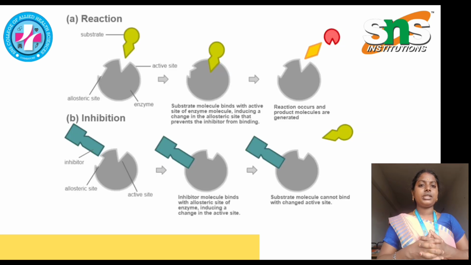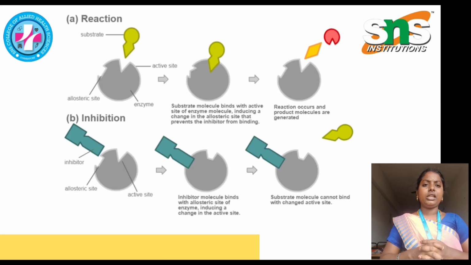Here you can see part B, inhibition. The active site is there, and the allosteric site is there. The allosteric site is any part of the enzyme but not the active site, and the blue inhibitor comes and binds at that allosteric site. It causes changes in the active site.